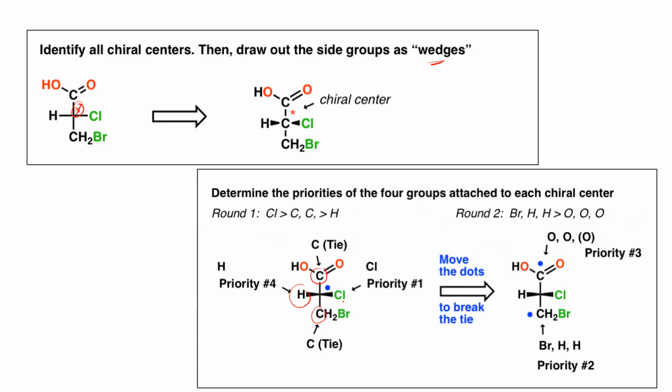Then you go to the next step, the next atom. This carbon is attached to bromine, and this carbon is attached to 3 oxygen atoms. We know that bromine has higher priority, and therefore this carbon is given number 2, and this carbon is given number 3. So that's something to remind you.